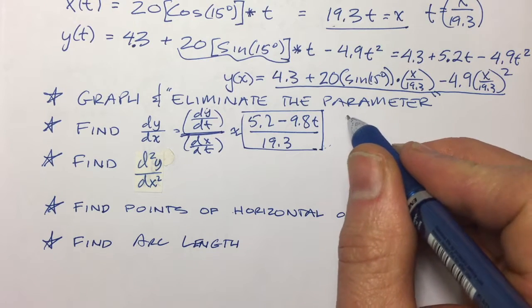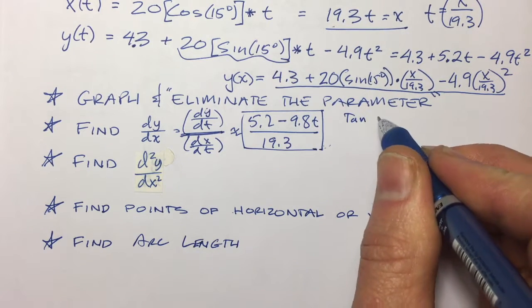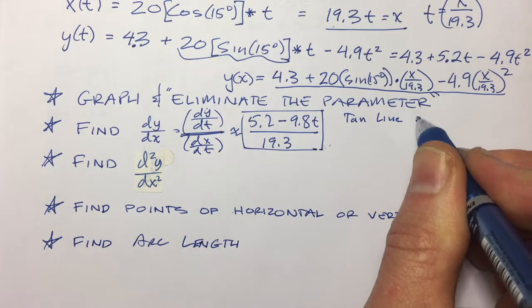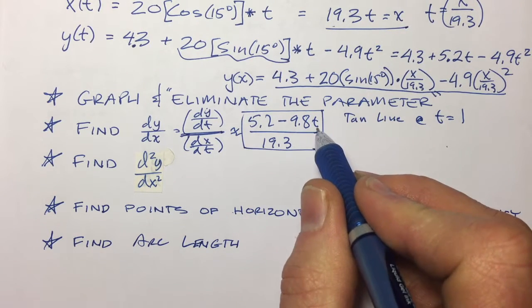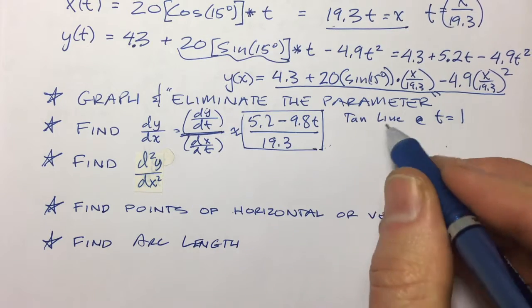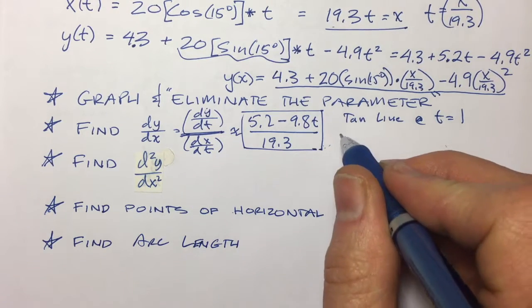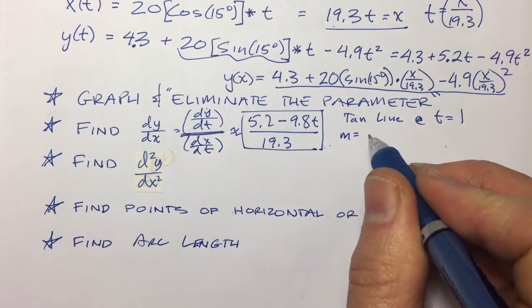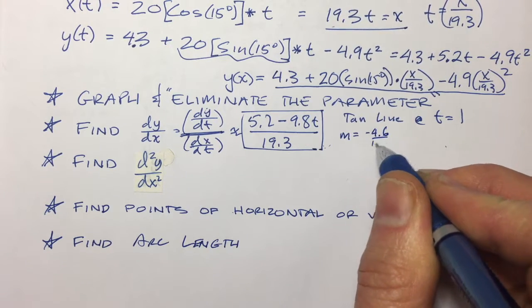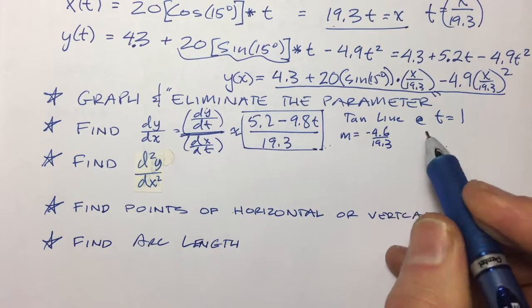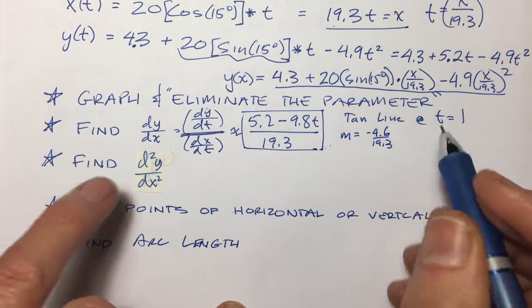If we wanted to find the equation of the tangent line at t equals 1, we'll say, I would just simply put in 1 there and do the subtraction. I would get what the slope m would be then, or the derivative there is negative 4.6 over 19.3, and then I could just put that into point slope form.